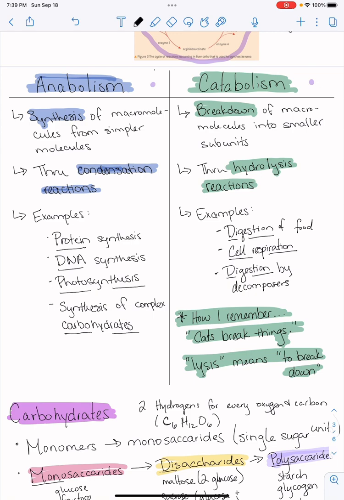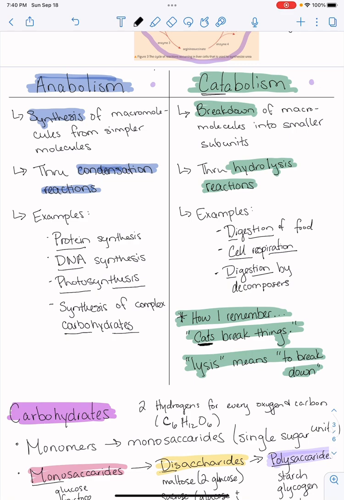And the way that I remember catabolism, and thus I can remember anabolism too, is that catabolism starts with cats, and cats can break things.